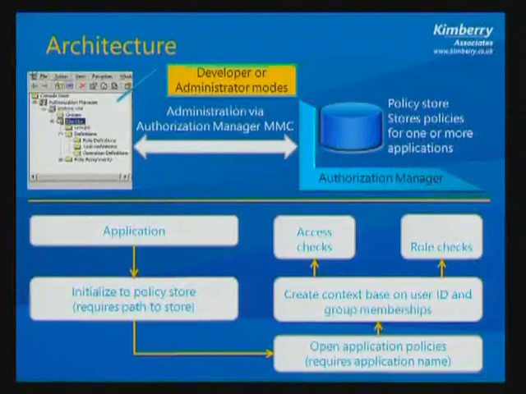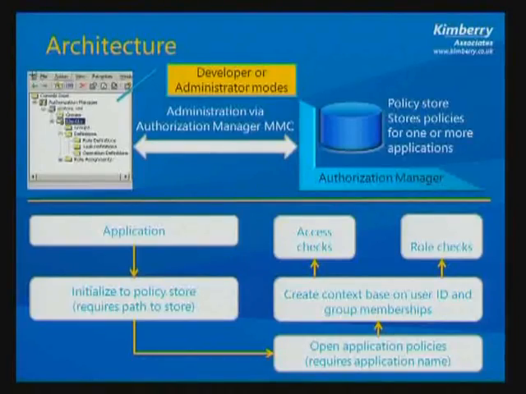It then creates a context based on the ID of the user. So in Windows terms, it's a Windows principal, we've got the Windows SID for the user, and then we've got all the group memberships. If it was ADFS, we'd populate it with the claims.